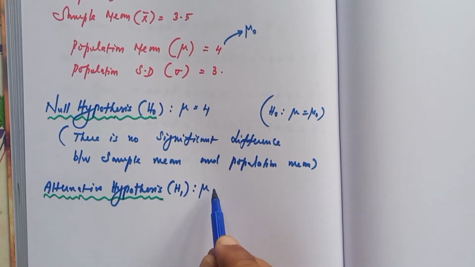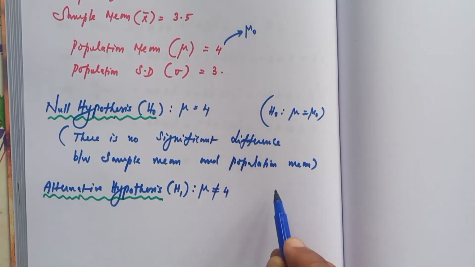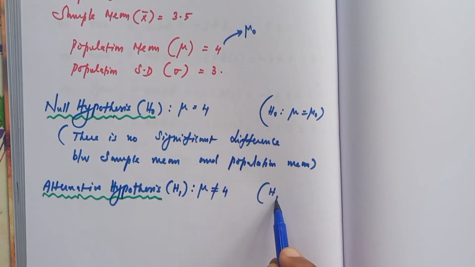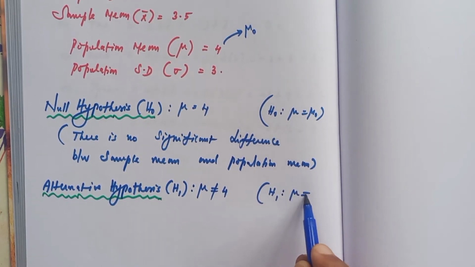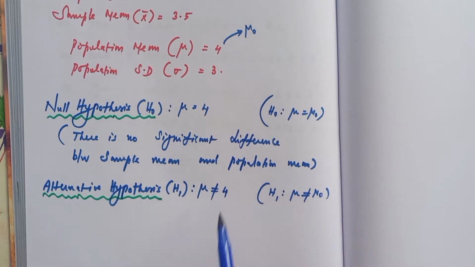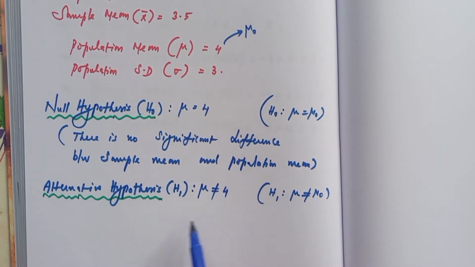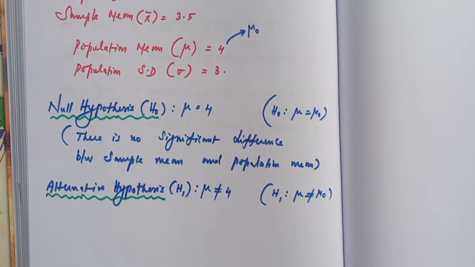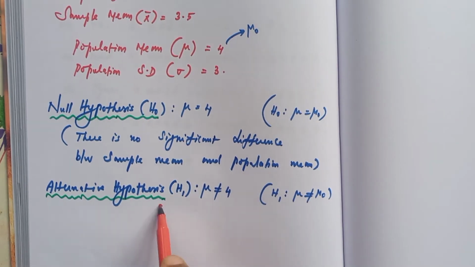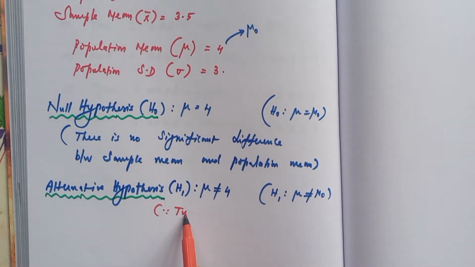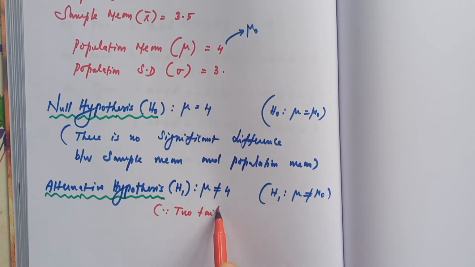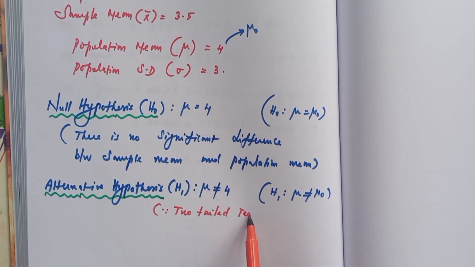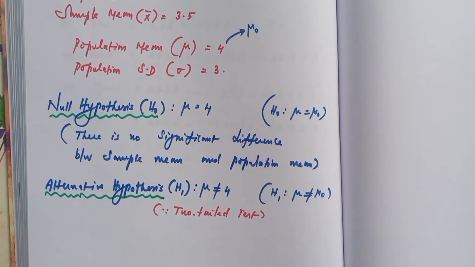H1 such that mu is not equal to mu naught, that is, not equal to 4. For your reference, I write here: since two-tailed test.